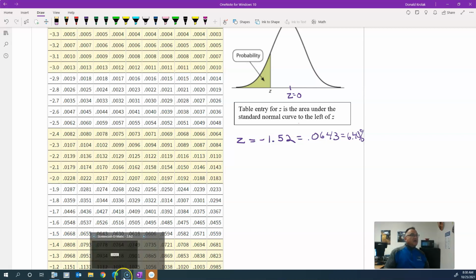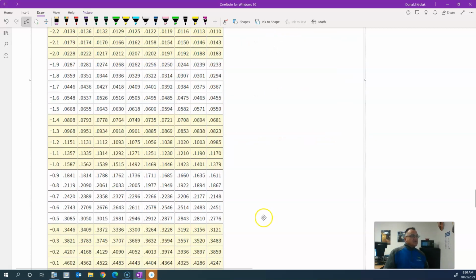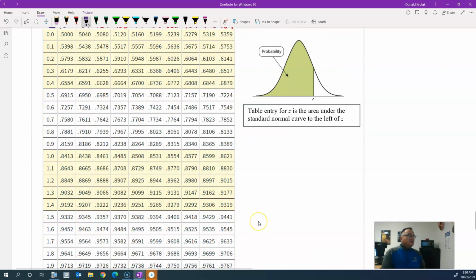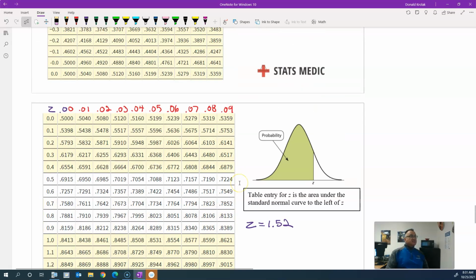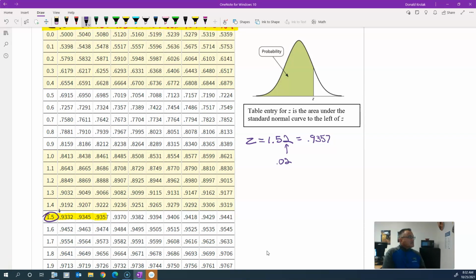Now, if you go over here, let's say our z-score, instead of being negative 1.52, was positive 1.52. Go to the side that's positive, and it might be helpful to fill in these numbers at the top. I'll give you a second to do that. Okay, so this first one goes with 1.50, this one goes with 1.51, and this one goes with 1.52.